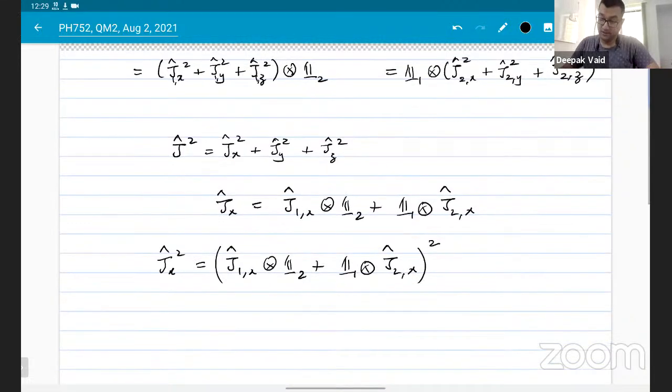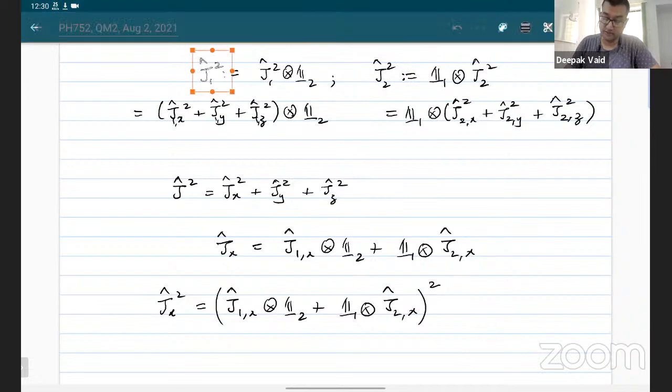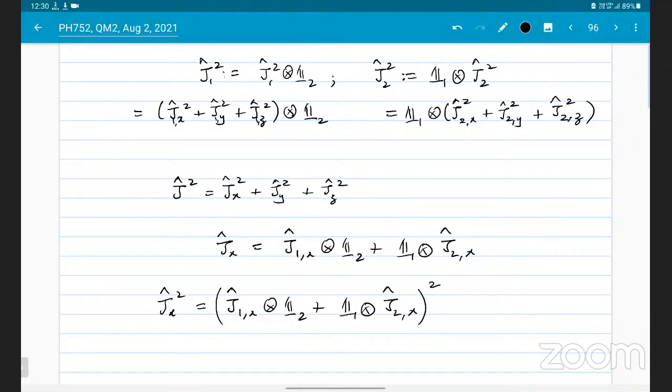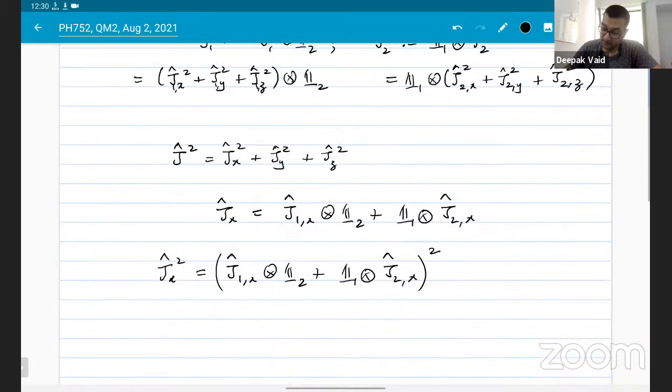Now if you look at these expressions and ask yourself, if I add J1 square with J2 square, the composite J1 square with the composite J2 square, is it equal to the composite J square? No, it won't be. Even in general it will not be, but you might expect that in some special cases it might be. But the form doesn't look similar at all.